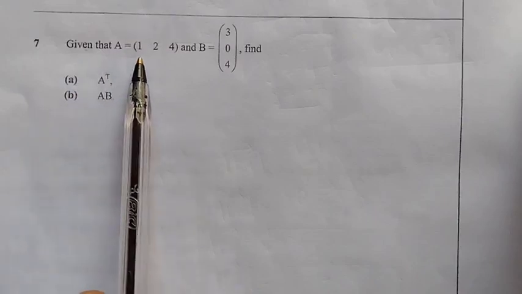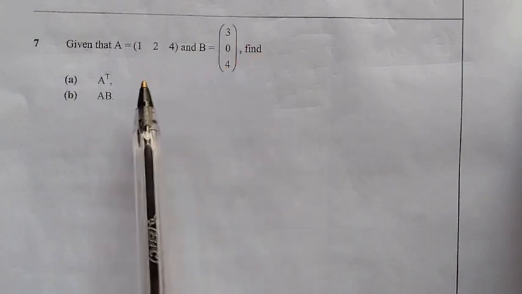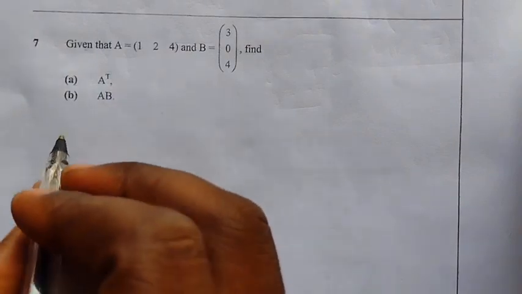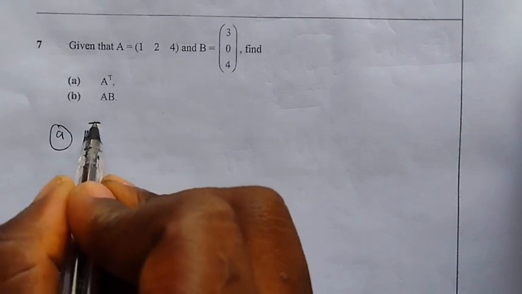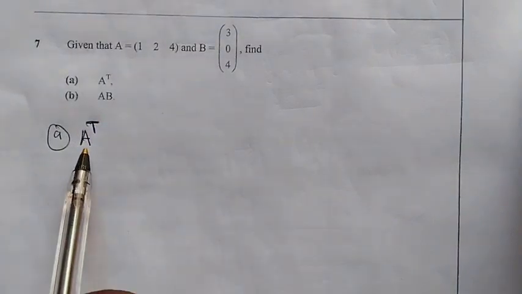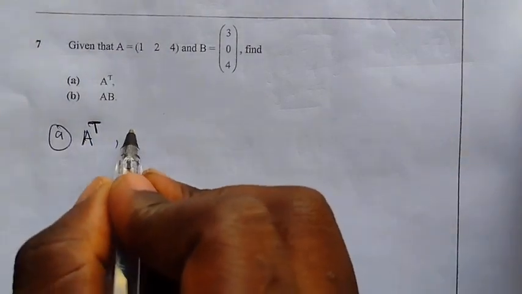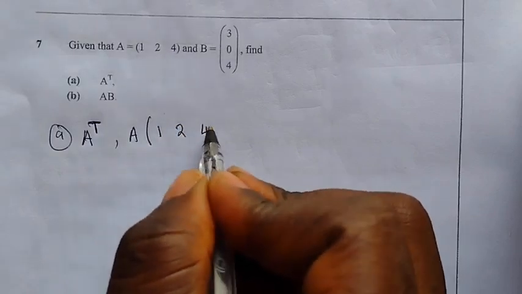Given that matrix A is equal to [1, 2, 3] and matrix B is equal to [3, 0, 4], find A power T. So first thing, we have to know A power T. A power T simply means you find the transpose of matrix A. So your matrix A is 1, 2, and 4.